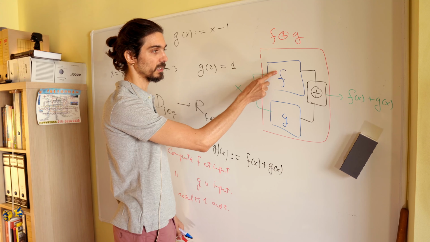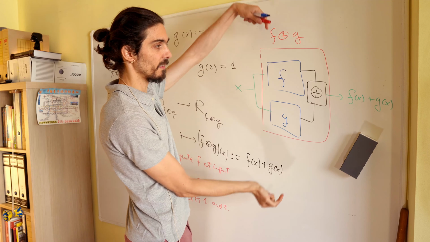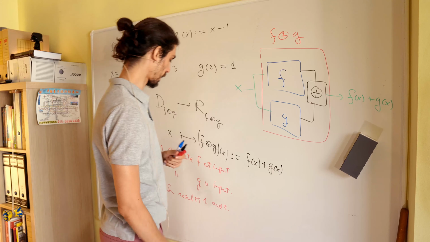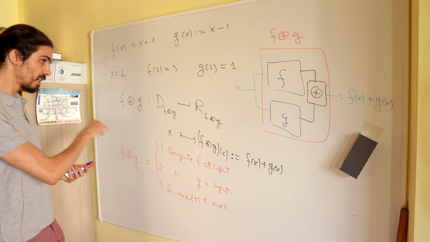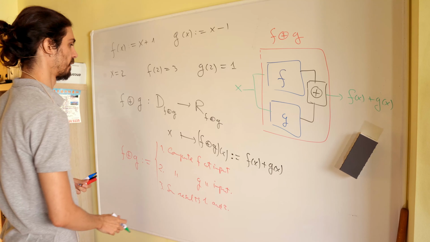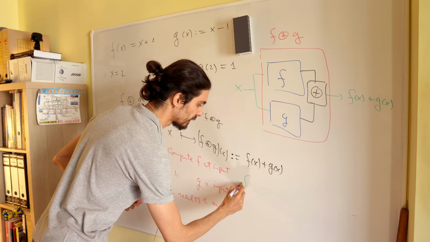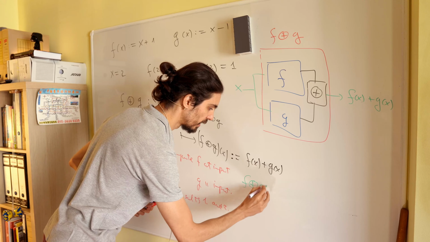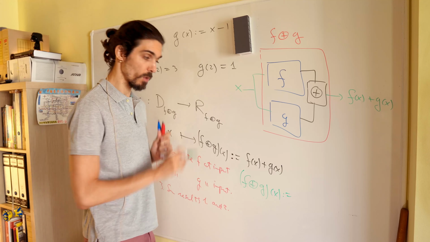Just like here. First, they act on x independently, along these two directions, and then they collide, interacting, giving the new thing here. So this is the recipe. Let me write it: when the recipe f plus g acts on some number x, what do we get?